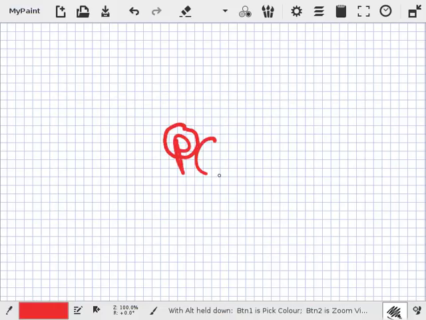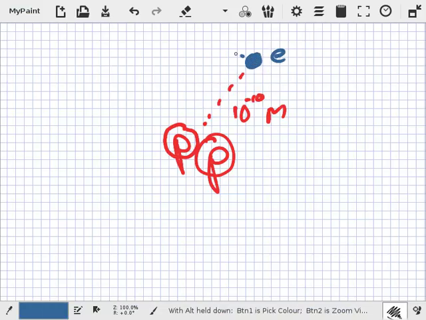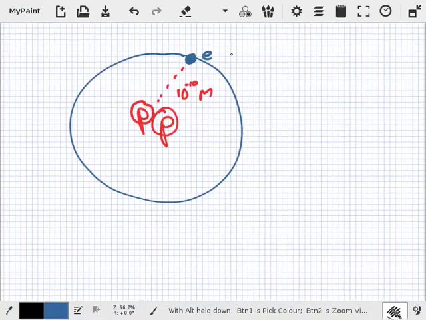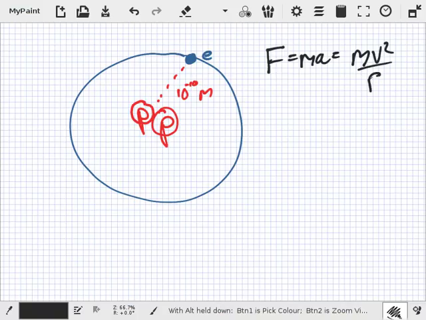Proton. I think I said 10 to the minus 10. And then you have a little electron here, going around in a circle, and we want the velocity. So I can say F equals ma, which equals mv squared over r.